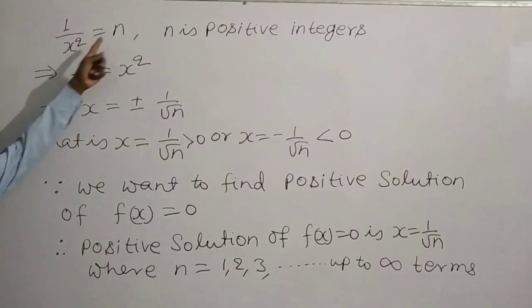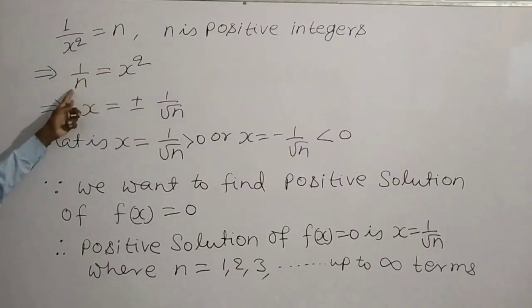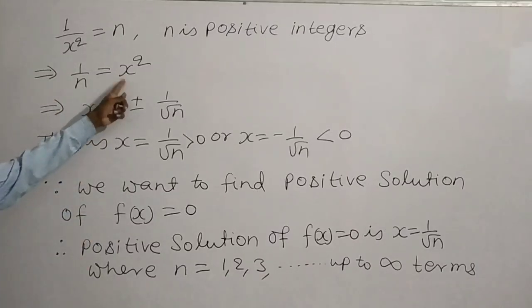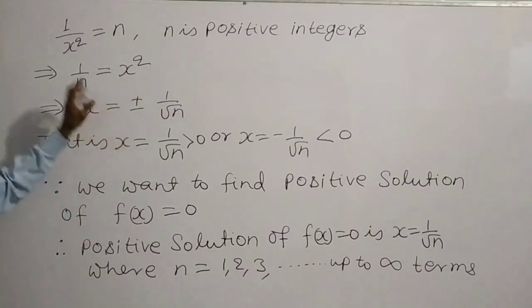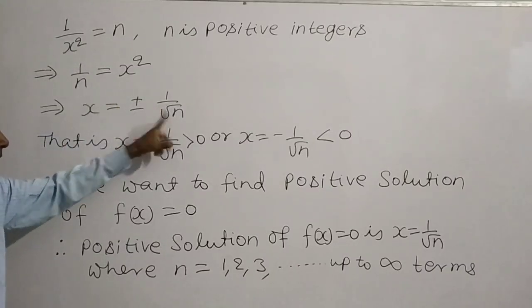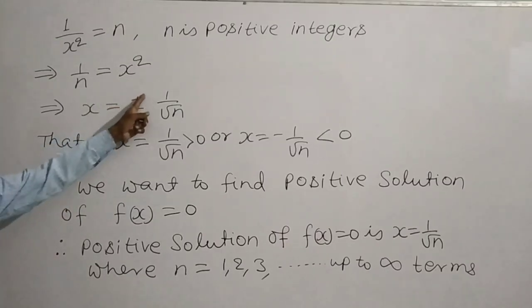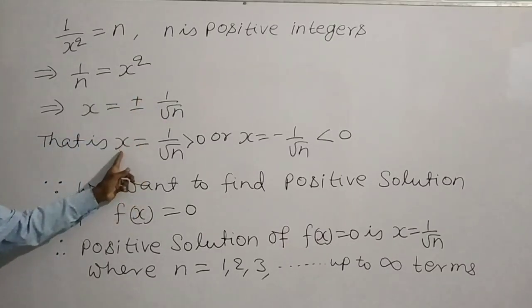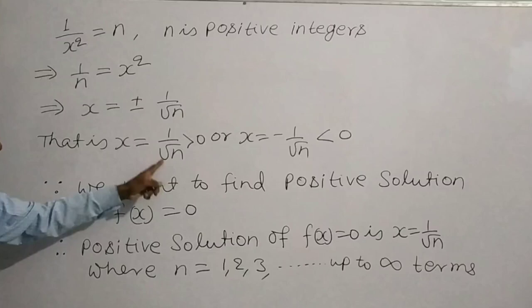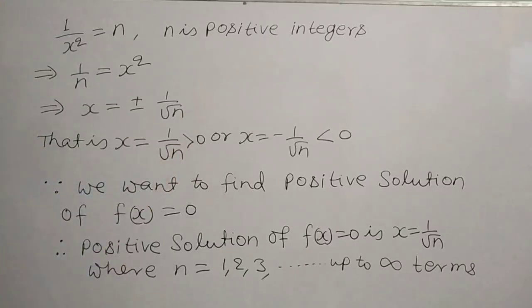Shifting this x square to the right hand side and n to the left hand side, we get x square is equal to 1 by n. Therefore, x will be equal to plus minus root of 1 by n. Taking the positive side, x is equal to 1 by root n, which is positive.